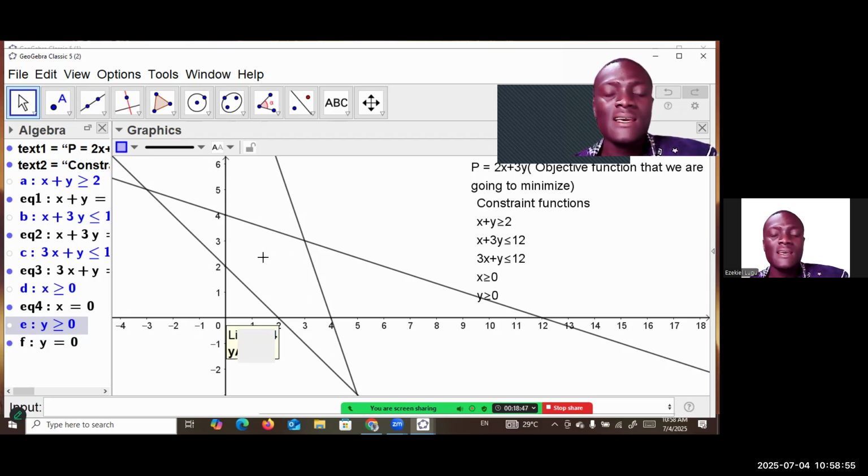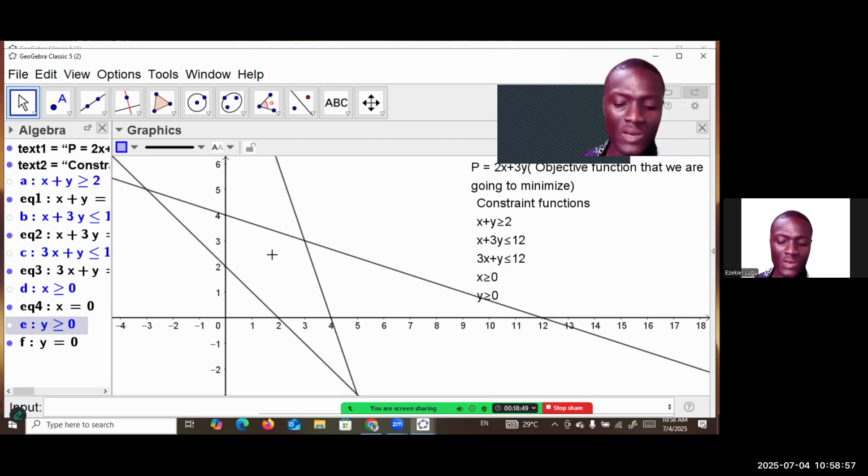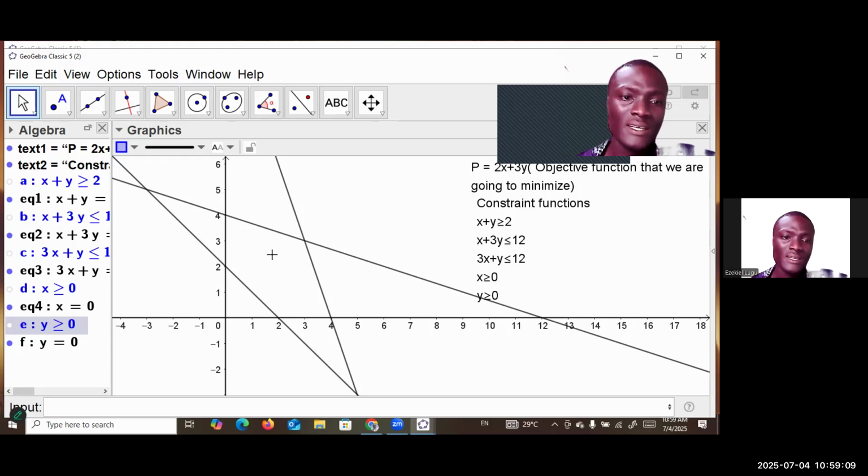So you can see everything here. What next we are going to do is enter all those inequalities at the same time, so that it gives us the shaded portion that will guide our optimization. That's basically everything we are going to do.